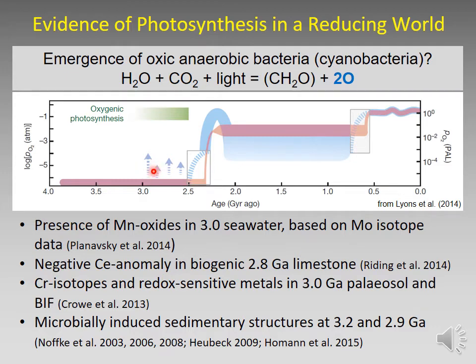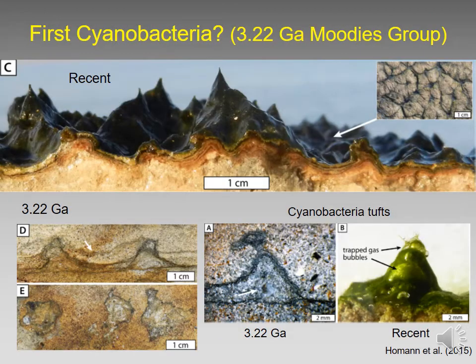So with the age of the Witwatersrand here at about 2.9, we could expect that we had already some microbes that were producing oxygen in the overall reducing Archean world.